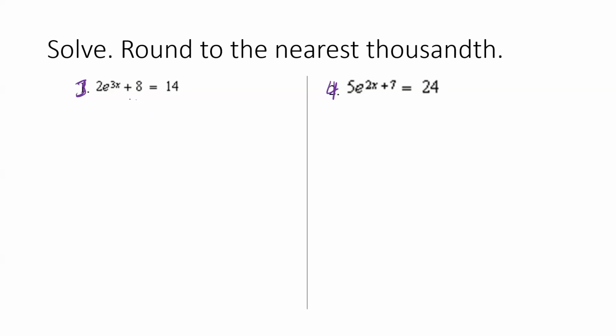So we're going to subtract the 8, which leaves us with 2e to the 3x equals 6. Then step 2 tells us to do what? To divide. So we're going to divide, and we're left with e to the 3x equals 3.